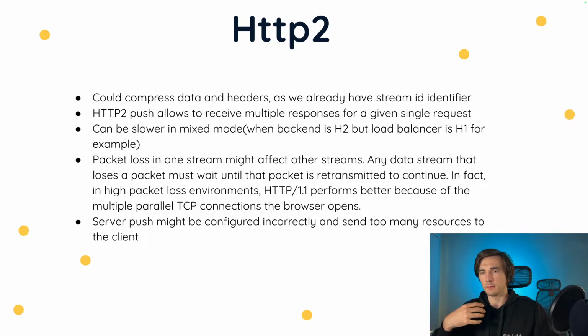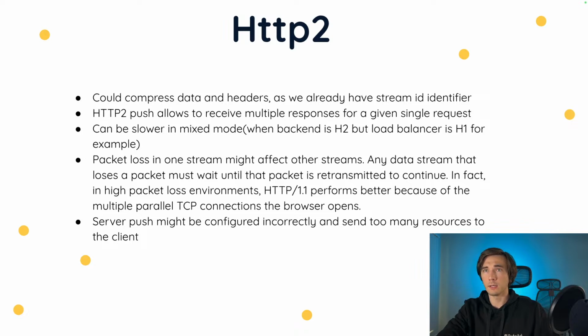TCP guarantees that all the packets are received, and if something was not received, it should be resent once again. That's where we may have problems, because if you have a big packet loss percentage, then your streams will be waiting for each other to be processed. So keep it in mind.